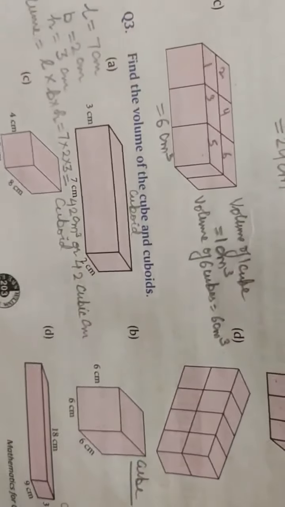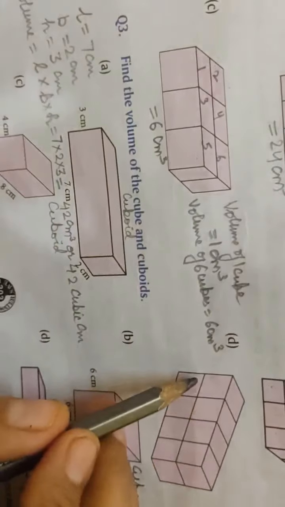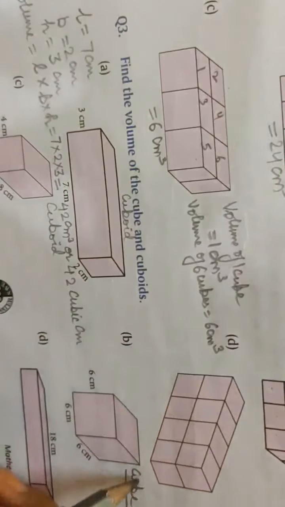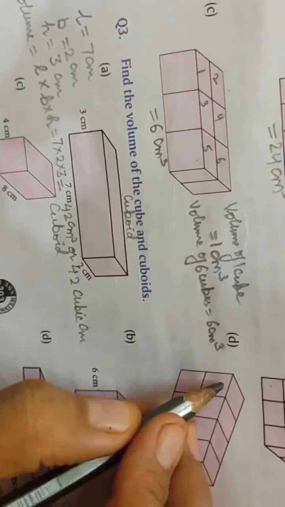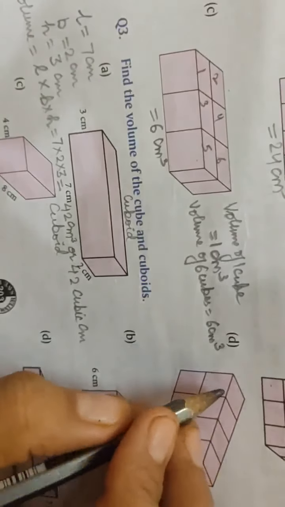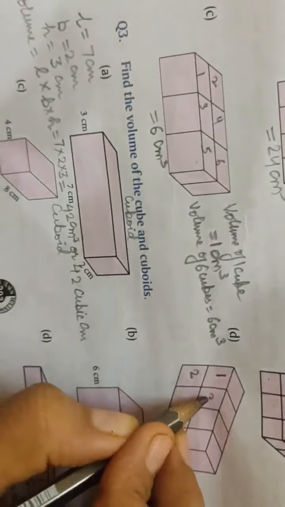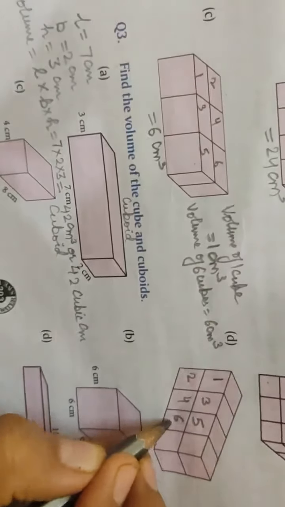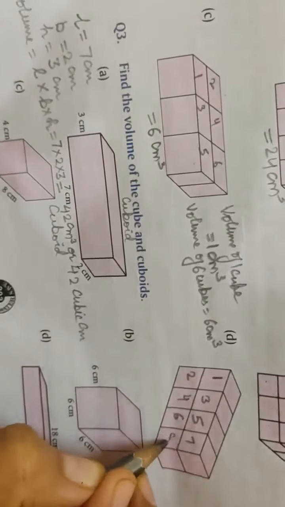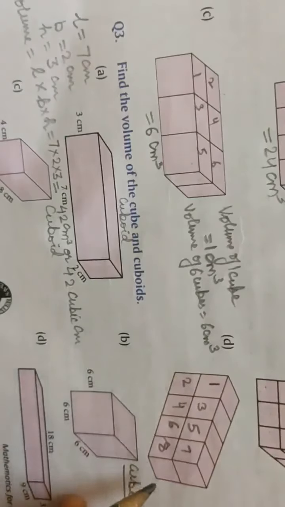In the same way, you can do D part also. Count the number of cubes by which this cuboid is made. Now let us number the cubes. First cube, second cube, third cube, 4 cube, 5 cube, 6 cube, 7 cube and 8 cube. So there are 8 cubes in the given figure.